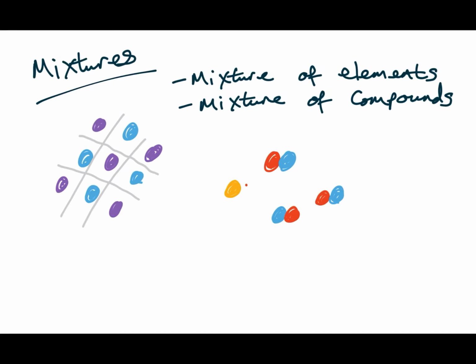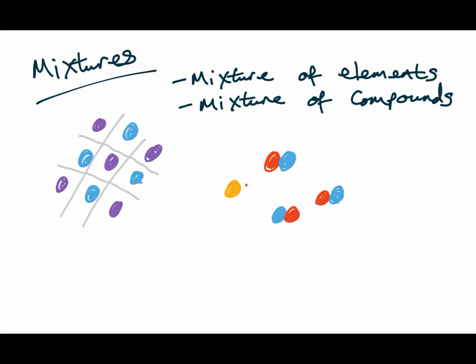So examples of mixtures that you might come across are things like air. That's something that we come across. Milk is an example of a mixture. In fact, most of the things that we come across every day are mixtures. So things like orange juice, things like my cup of coffee.